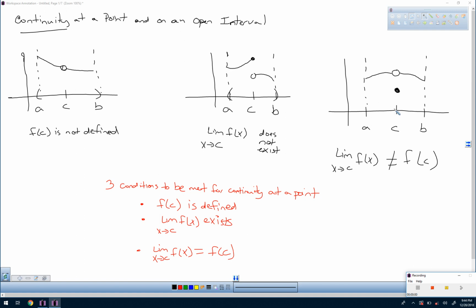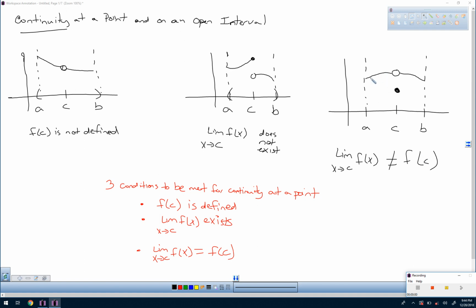And then for the final one, you notice that this picture is also not continuous. There is a hole there. Now you're probably thinking, well, what's this little dot right here have to do with anything? Well, this dot lets me know that my function is defined at c. It's this value. So f of c is defined.